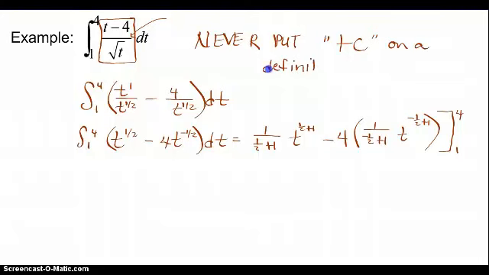If you have limits of integration, you have a definite integral. So when we have a definite integral, we don't put plus c, because this is telling us to do something different than the indefinite integral is telling us to do. This is instructions for find the antiderivative function.